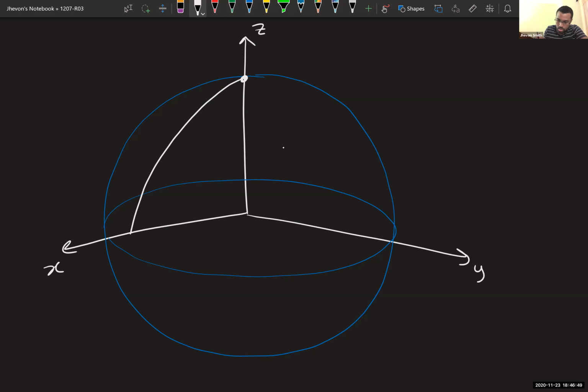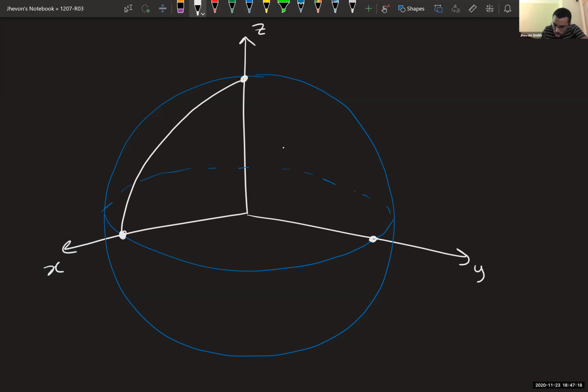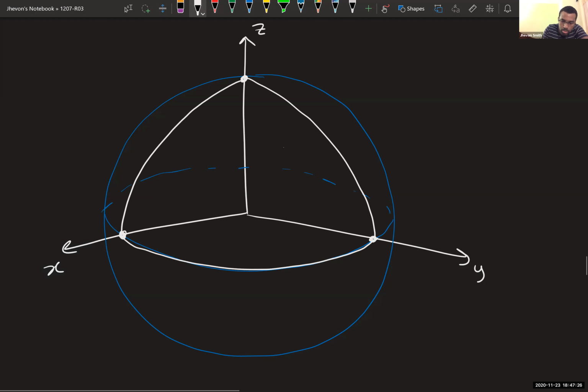Where the equator hits the x, it's going to be like that. Where the equator hits the y, like that. It's going to slice off here. So this is my region here.